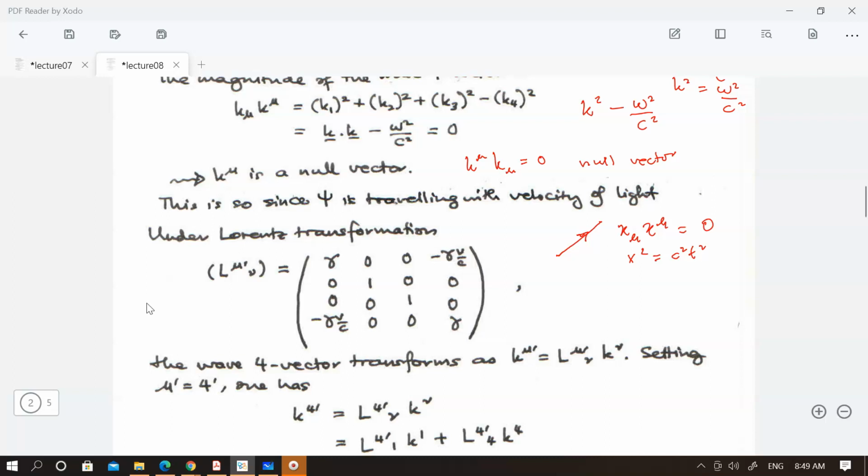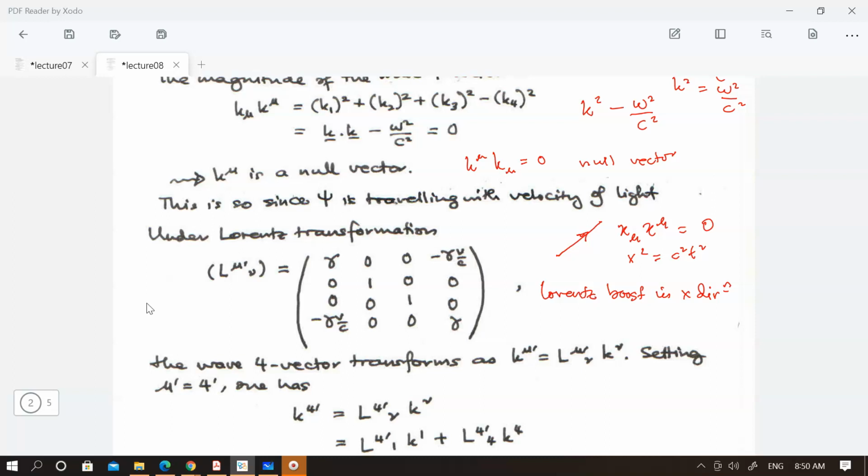This is a Lorentz boost in the x direction. Remember the first row and first column correspond to the x quantity, and the fourth column and fourth row correspond to the time quantity. So you see that the only things that change are your x and t.